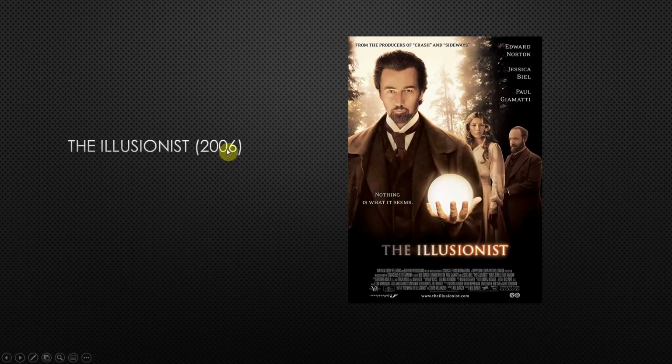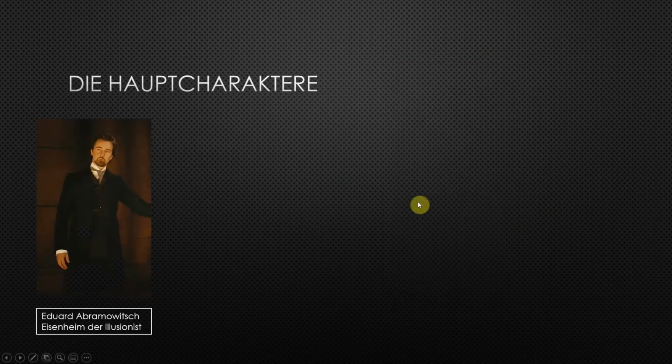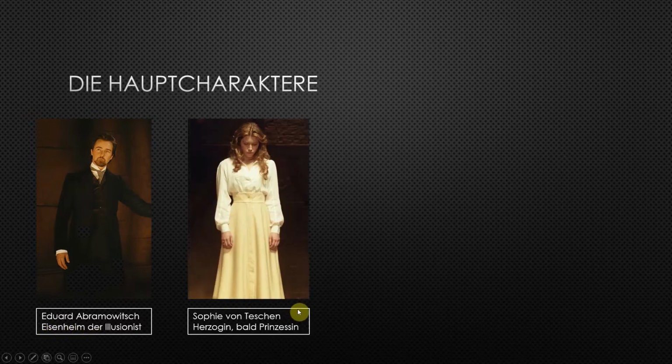So now we get to the analysis of The Illusionist from 2006. I give a quick plot review because some of you might not know the movie. We have those main characters, the Illusionist, with his childhood name Eduard Abramovich and his artist name Eisenheim. And we have Sophie.